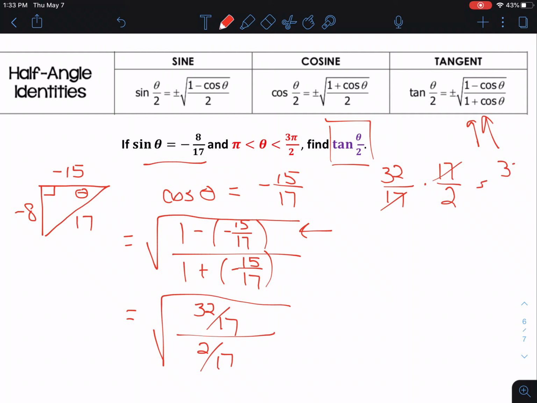I get 32 over 2, which is just 16. Okay, so underneath the radical here we have 16. So I have square root of 16. And again, because we're in quadrant 3 here, tangent is positive in quadrant 3, so it should be positive 4. And that's my answer. That's it. Okay, I hope double angle and half angle identities make sense now.